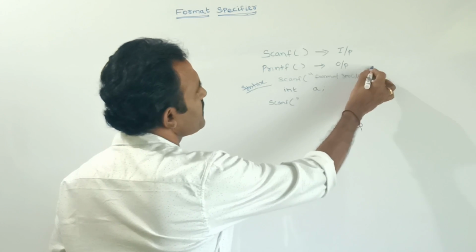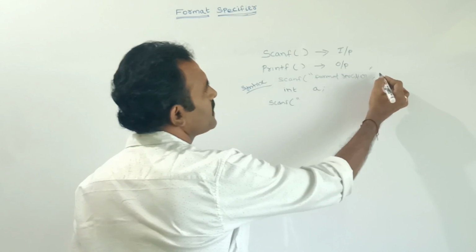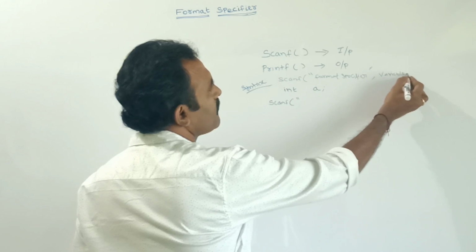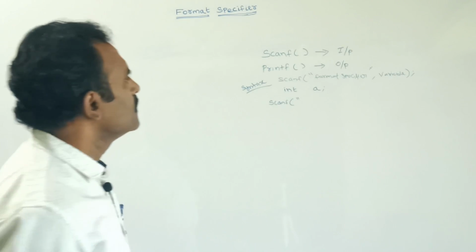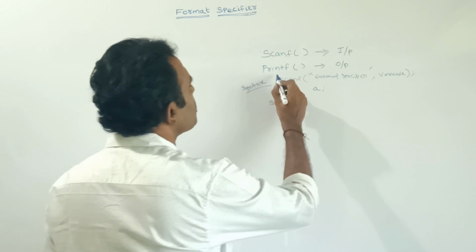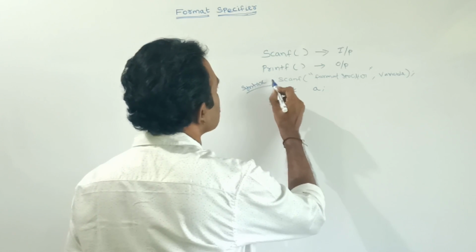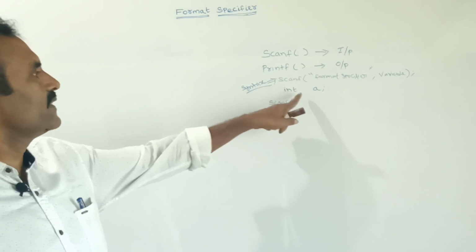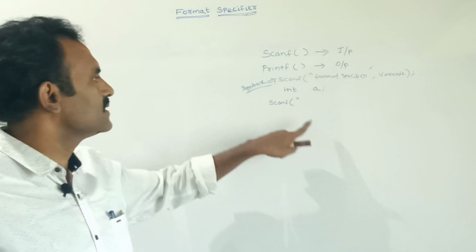The format specifier we should declare within double quotes, and after that the variable name, the declared variable name. This is the syntax for the scanf function.